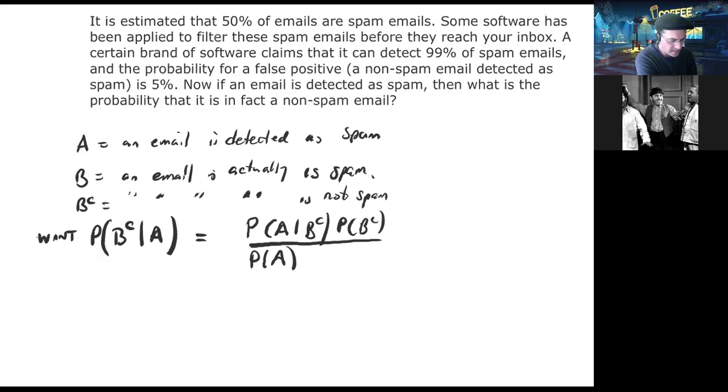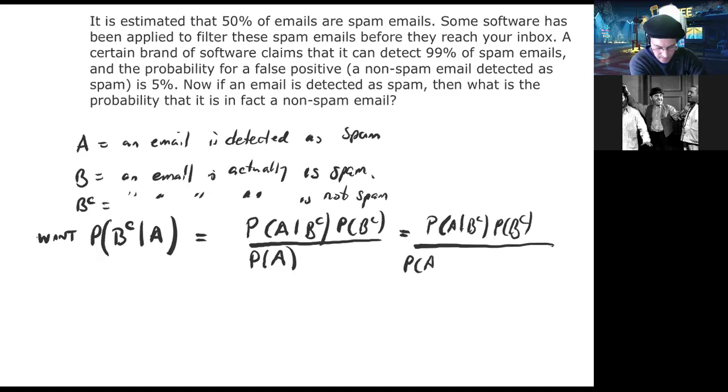Okay. Now, a couple of things. First of all, we can use the law of total probability on the denominator to get that the probability of A is given by the probability of A given B times the probability of B plus the probability of A given B complement times the probability of B complement. Okay, so now in order to do the computation, I want to compute each term on the far right side of this equation.